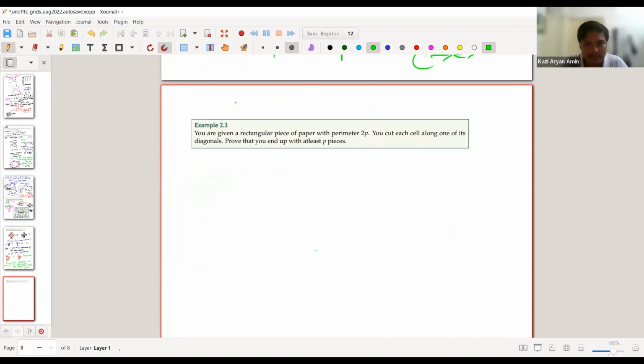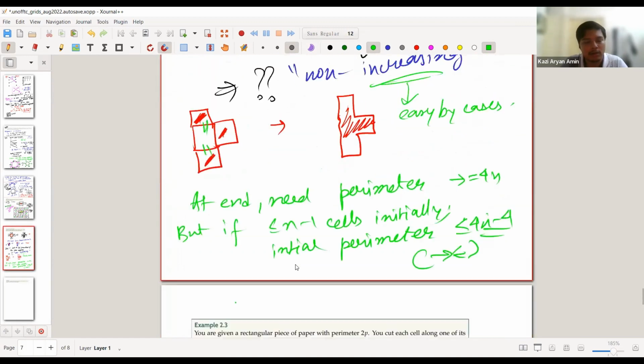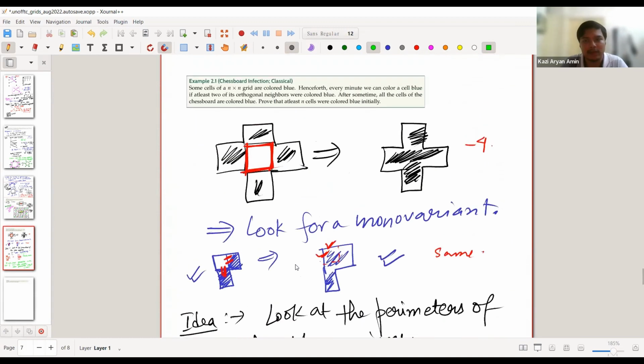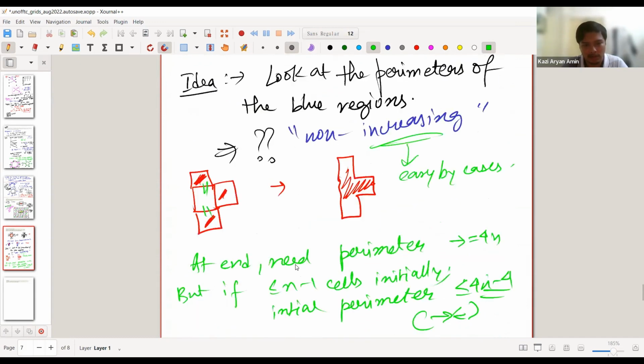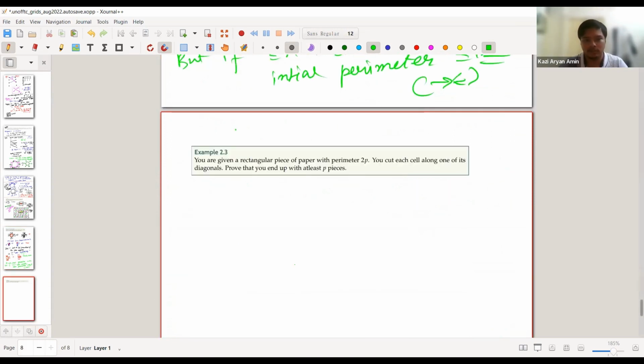What do they mean by cell? Cell means a square. You're given a rectangular piece of paper, so something like this.